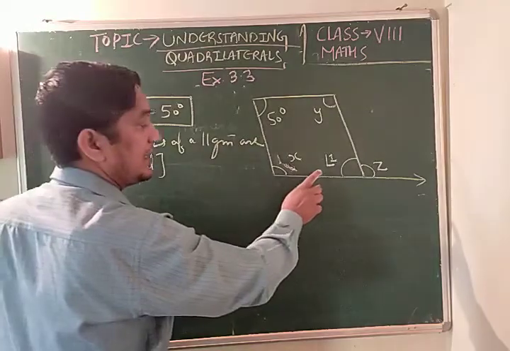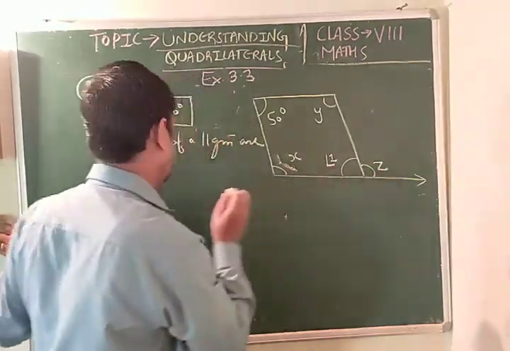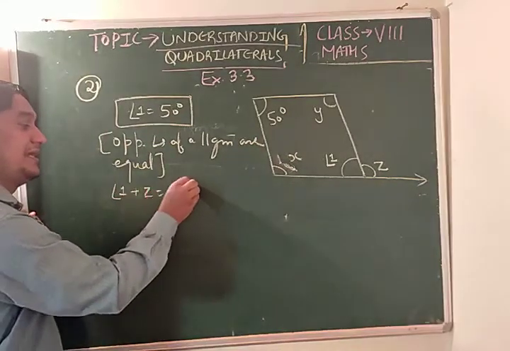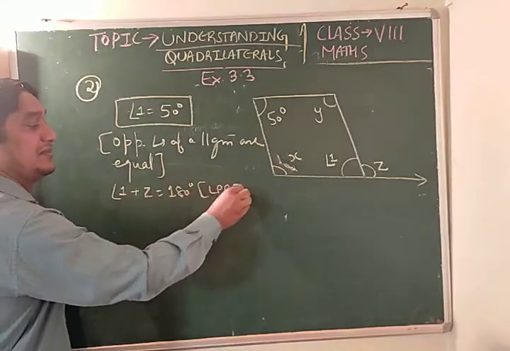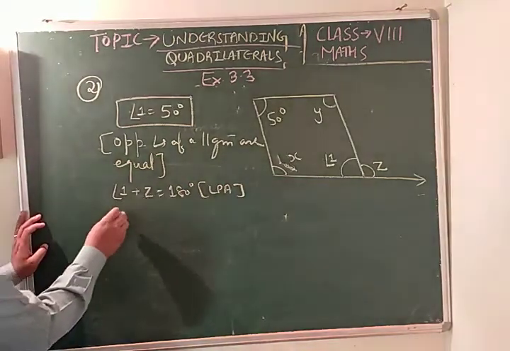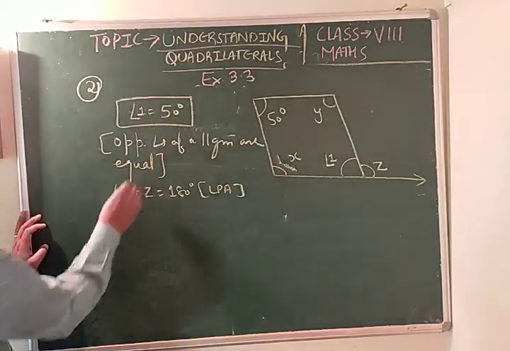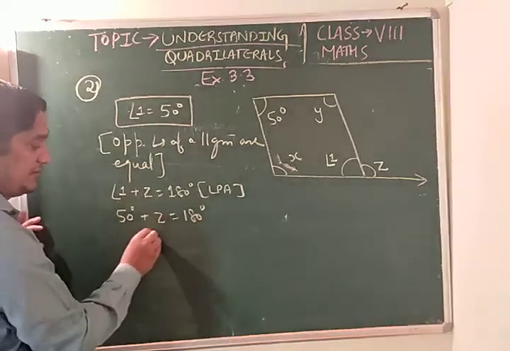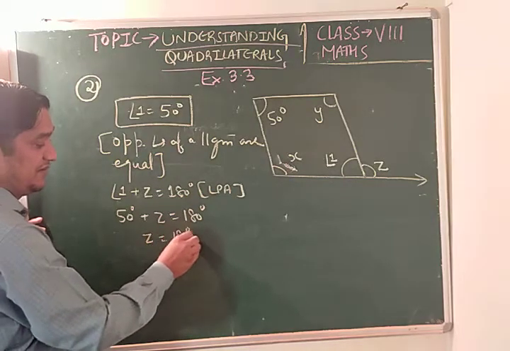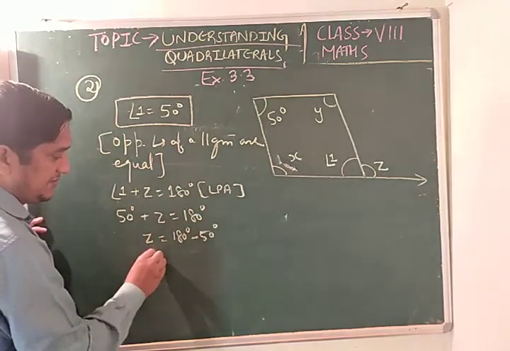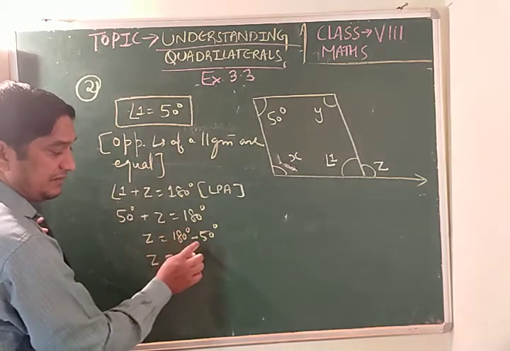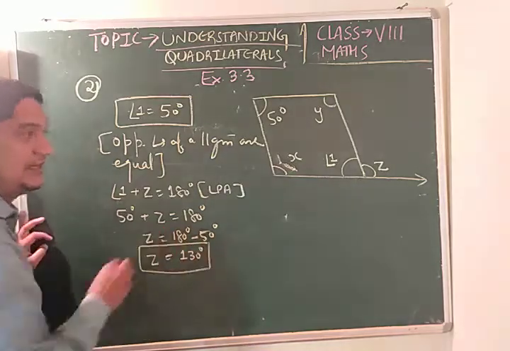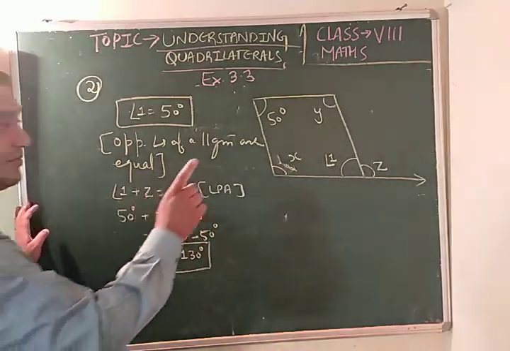Now the relation between angle 1 and angle Z: angle 1 plus angle Z is equal to 180 degree, linear pair axiom. So angle 1 is 50, plus Z is 180 degree. Z is equal to 180 minus 50. It comes 130 degree.